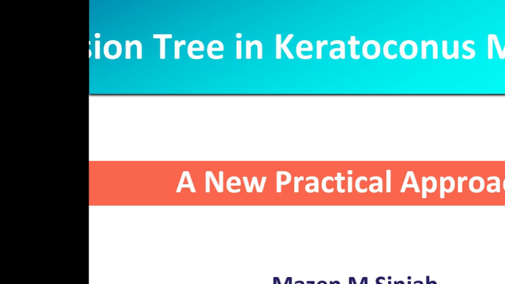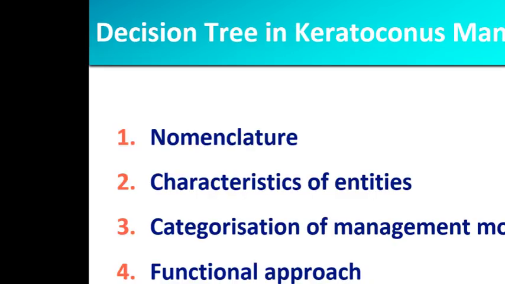So it is a new practical approach, and we will go through giving a name to what we see on corneal topography, because we have to differentiate between keratoconus, pellucid marginal degeneration, keratoconus suspect, all of these terms, in addition to the characteristics of each entity of those ectatic corneal diseases.